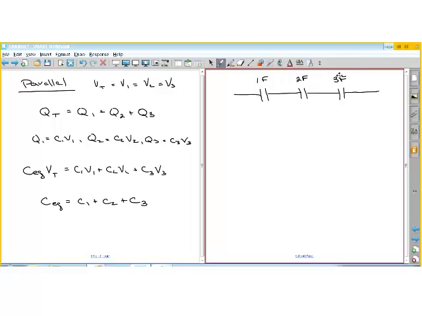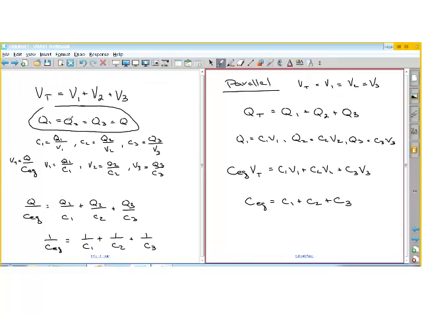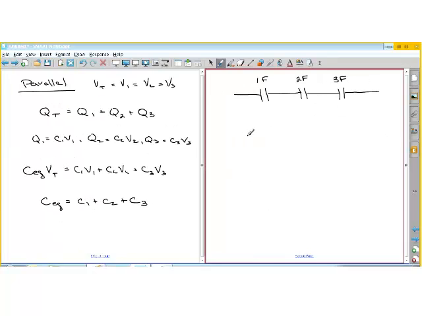Normally we don't have that many capacitors, but just for the ease of math, all we have to do is for series capacitances, we use this relationship right down here, the bottom left hand. So we can say 1 over the equivalent capacitance of the series is 1 over C1, which is 1 farad, plus 1 over C2, which is 2 farads, plus 1 over C3, which is 3 farads.